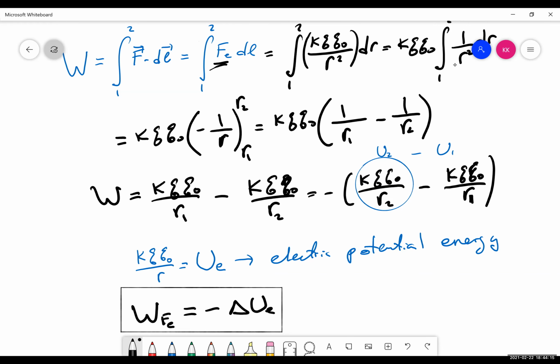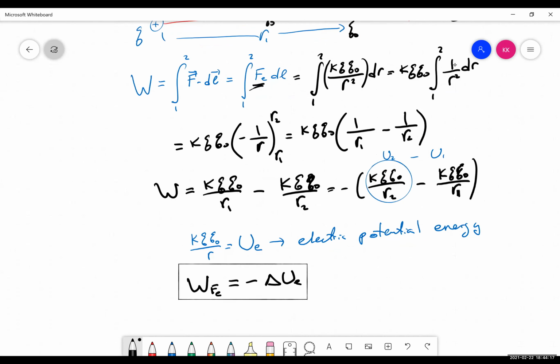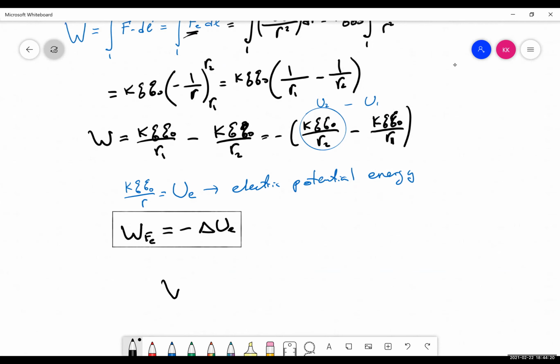And one thing you can hopefully remember from mechanics class is that work done by conservative forces is always proportional to a change in potential energy, with a negative sign: work done by the conservative force equals the negative of the change in potential energy. This is true for other conservative forces.